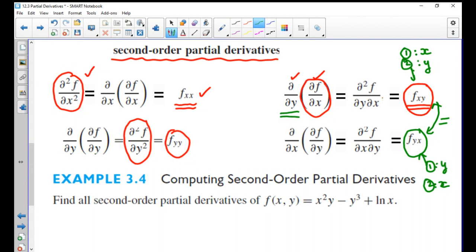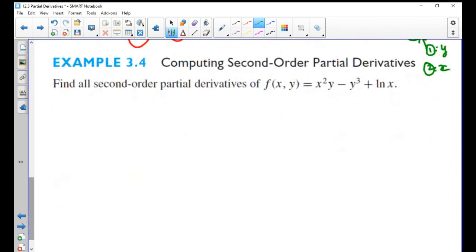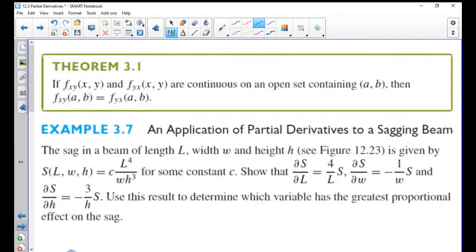You will get the same result. We will check this in a moment. So fxy is generally the same as fyx. I think it's given here. You have this theorem: fxy is actually the same as fyx, as long as the functions are continuous and so on.